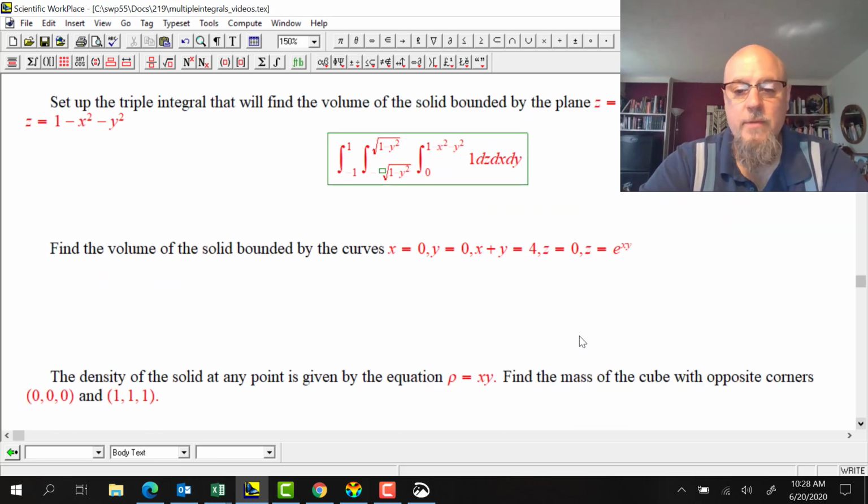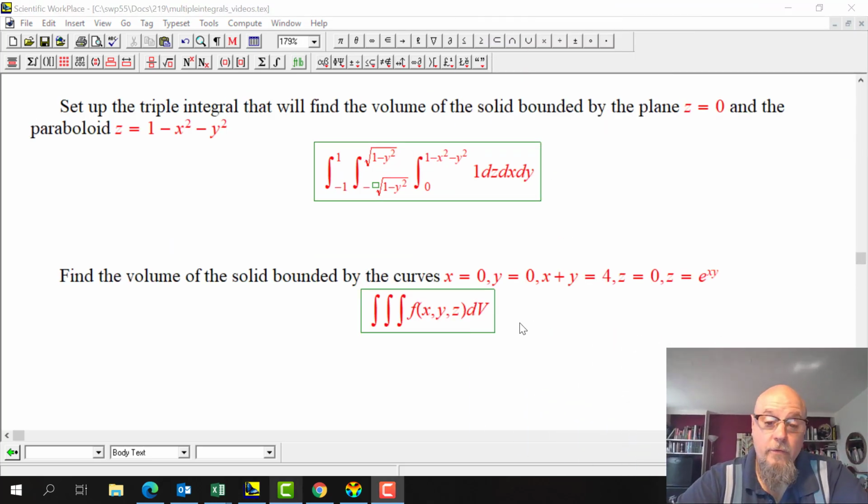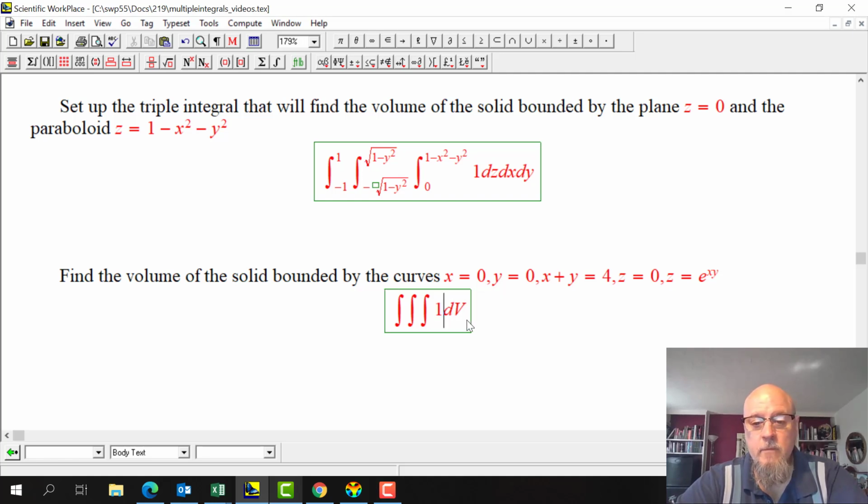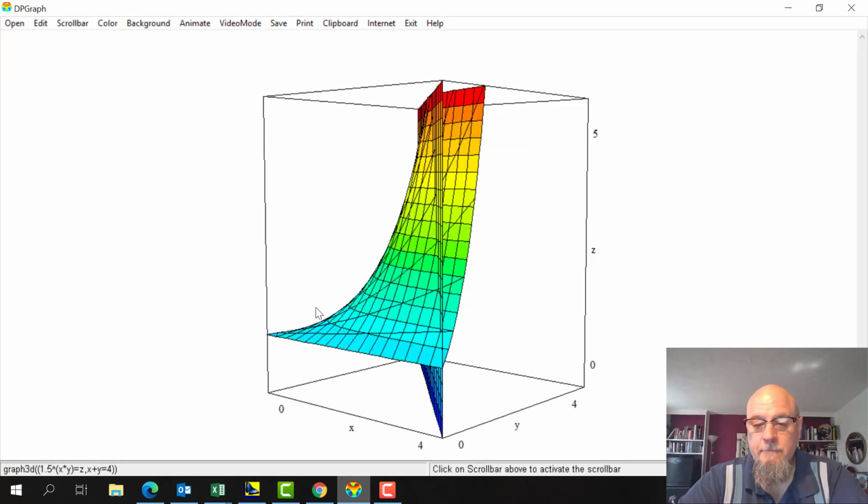Let's find a volume then, a volume of a solid bounded by these curves. So it's a volume. The function we're going to integrate then is 1. We're just summing up all of the volumes. Let's take a look at the shape here.